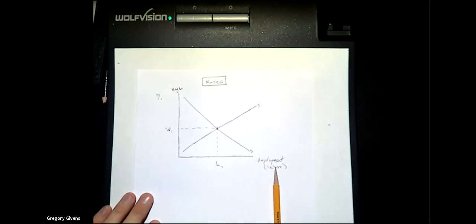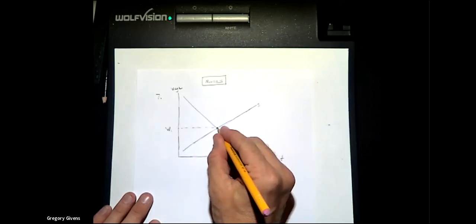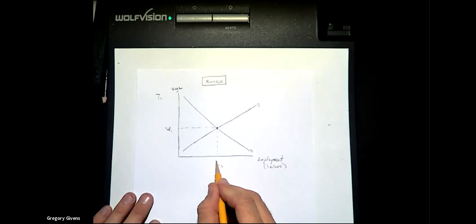So that's what I have here on the horizontal axis. Instead of denoting that with a Q, I'm going to call it employment or labor. The price of labor in this case we call the wage, right? And so here's my initial equilibrium point. At a wage of W1, the supply and demand for nurses balance, and there are L1 nurses employed. All right?